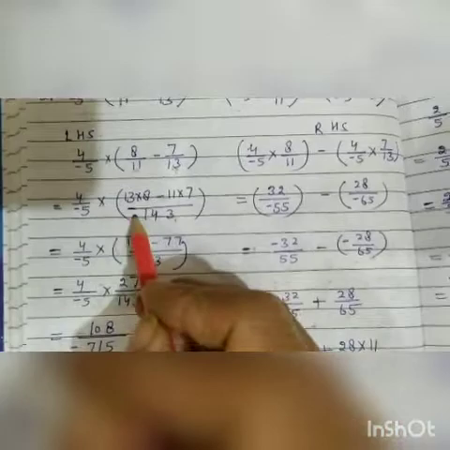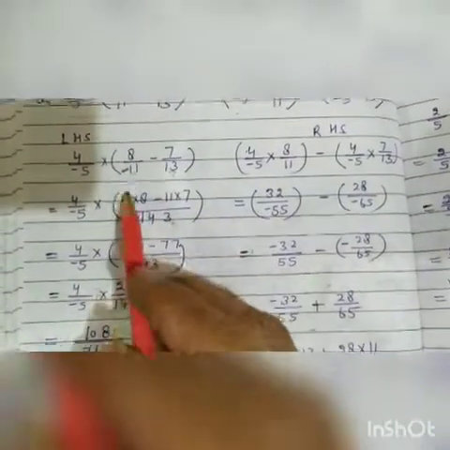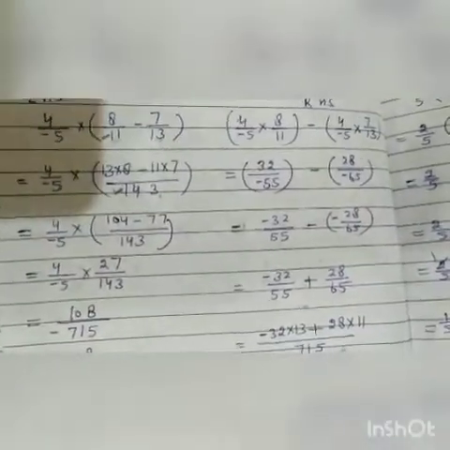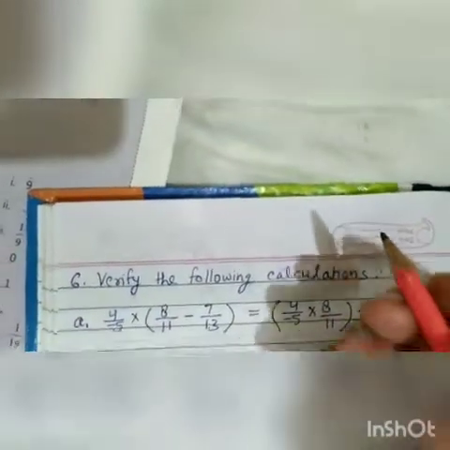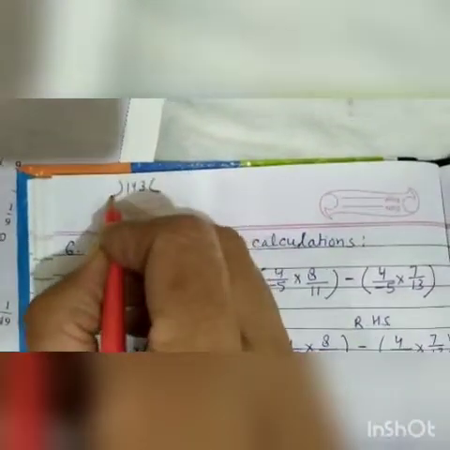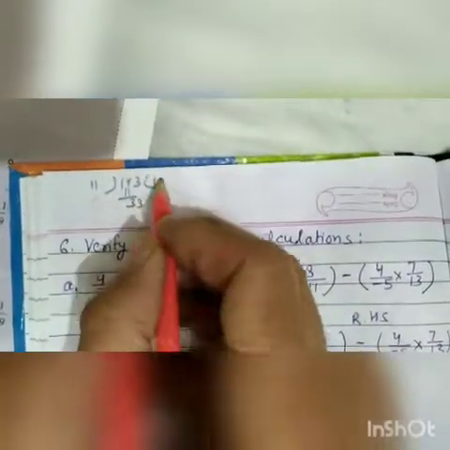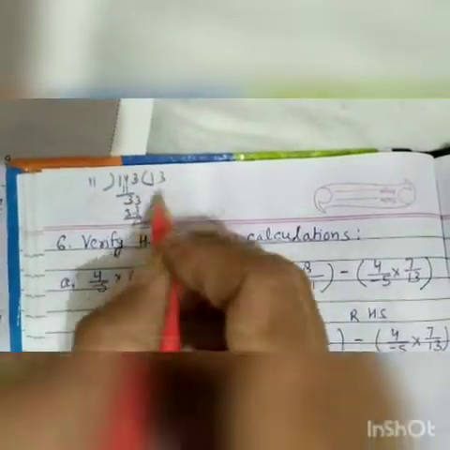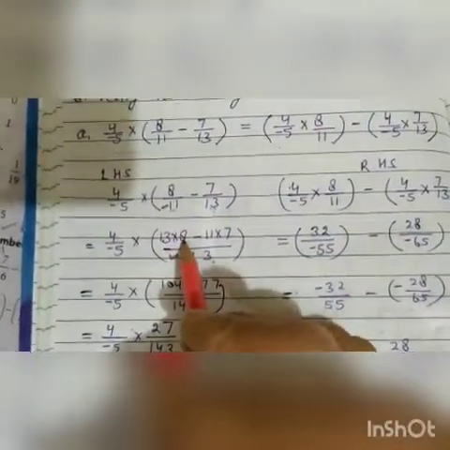Now we will divide this LCM 143 by this 11. When we divide 143 by 11, we get 13, since 11 ones are 11, then 3, 11 threes are 33. We get 13. Then this 13 multiply by this 8.